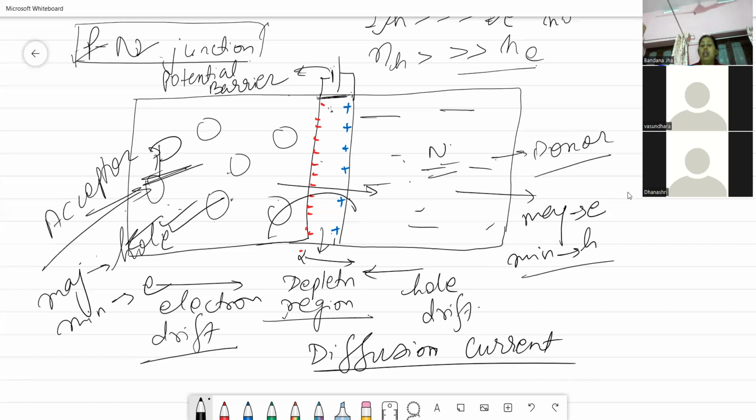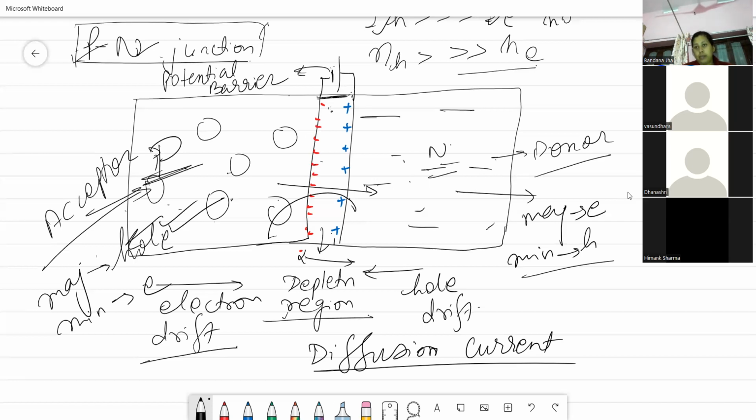Understood? That barrier is known as the potential barrier. That region is known as the depletion region. The current flowing between the P and N-type semiconductor is known as diffusion current. Any doubt? Ask me.